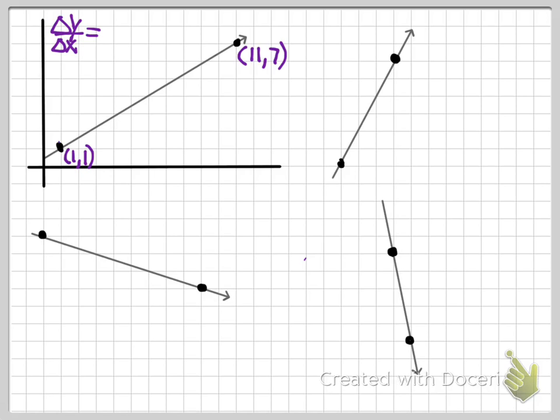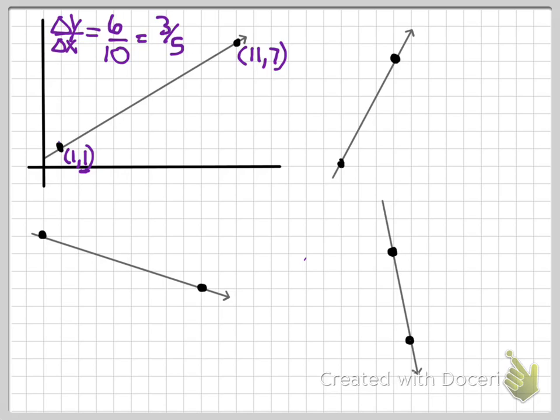What is that average amount it changes in that line? So I went from a 1 to a 7. So it went up 6 over that time. I went from a 1 to an 11. It went over 10 in that time. But it's a fraction. We can reduce that. So that's actually 3/5. So we went up 3 for every 5 we went to the right.